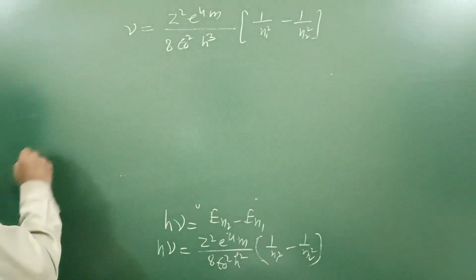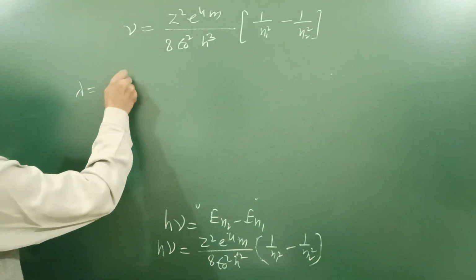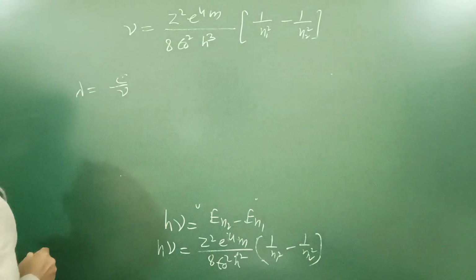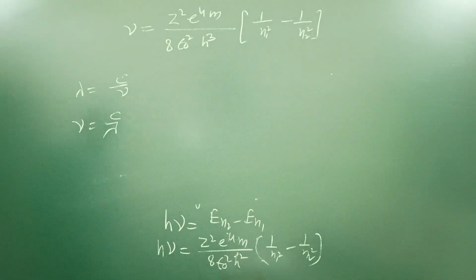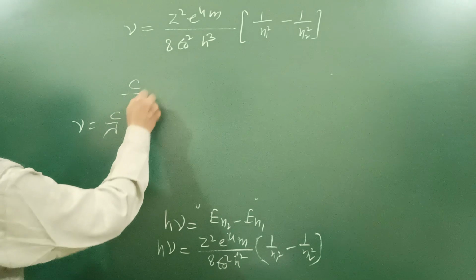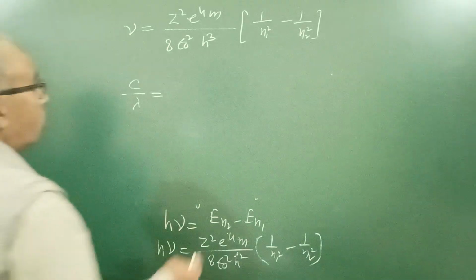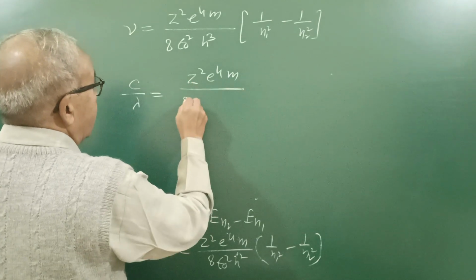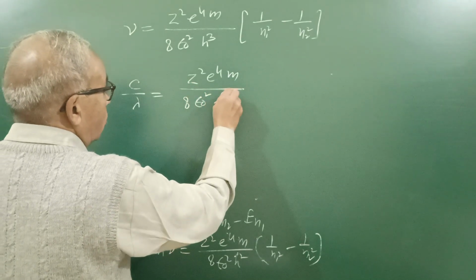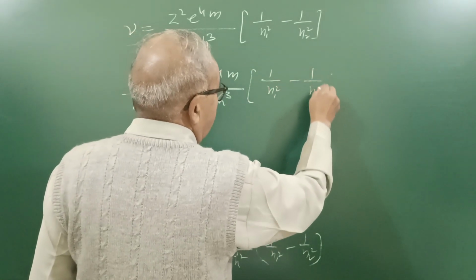We know lambda is equal to c upon nu, or nu is equal to c upon lambda. So c upon lambda is equal to Z square e^4 m upon 8 epsilon 0 square h cube, 1 upon n1 square minus 1 upon n2 square.